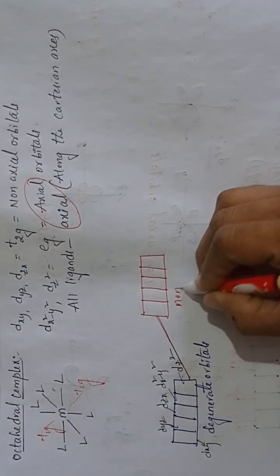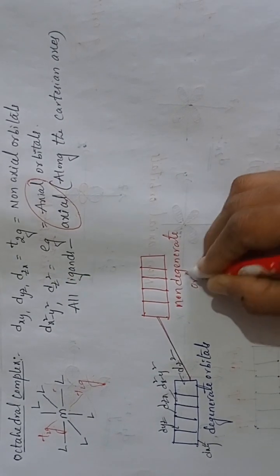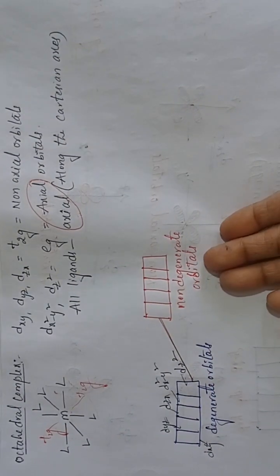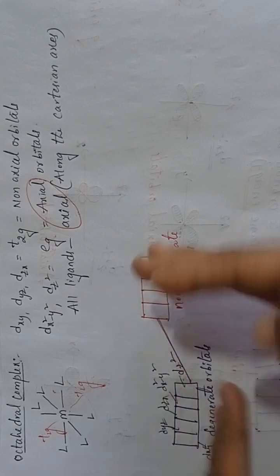These are non-degenerate orbitals. That means they lose their degeneracy because of repulsions, and the orbitals are split into two sets.